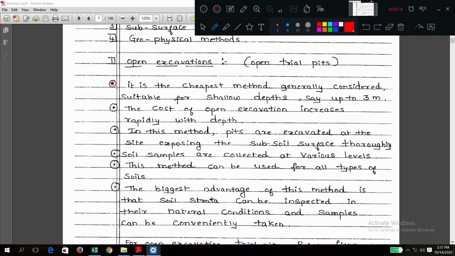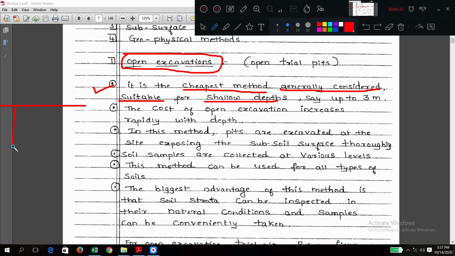Now what are the points you can see in open excavation? The first one: it is the cheapest method, generally considered suitable for shallow depth. That means when the ground is here, maybe up to 3 meter, only up to 3 meter is the footing, which is coming in the next stage.